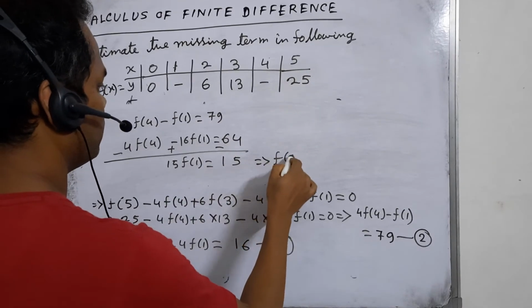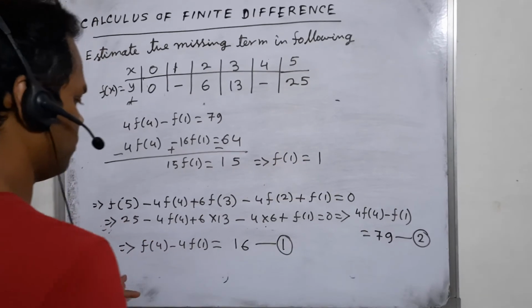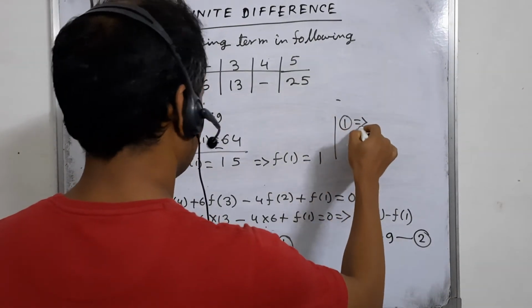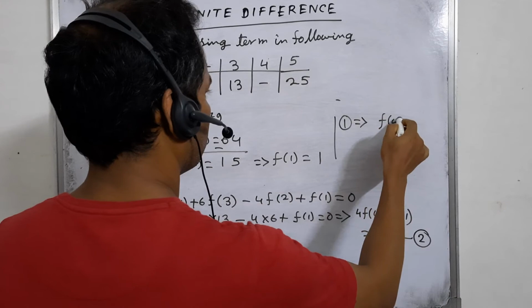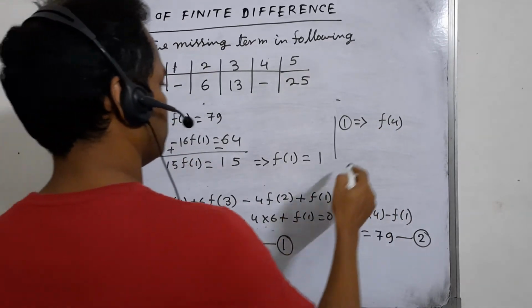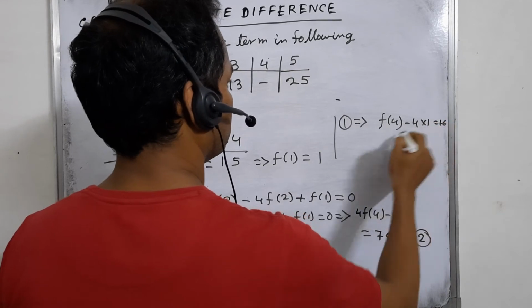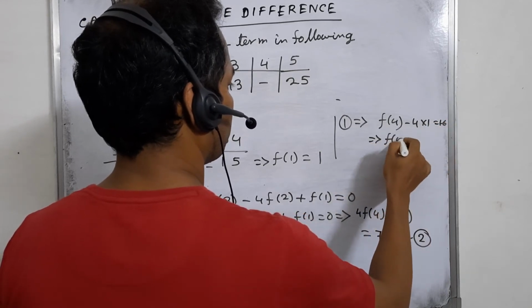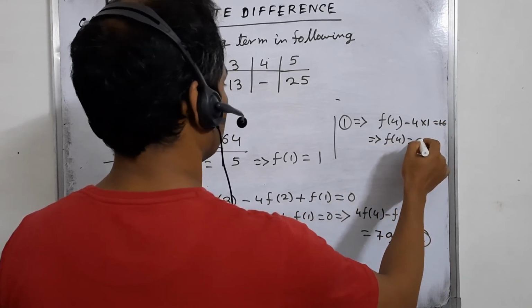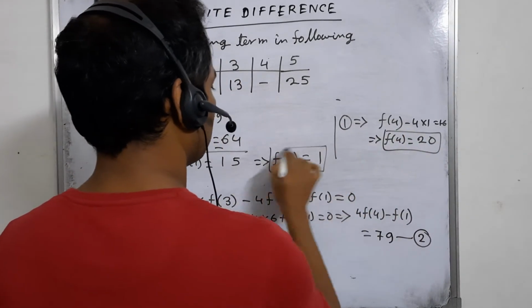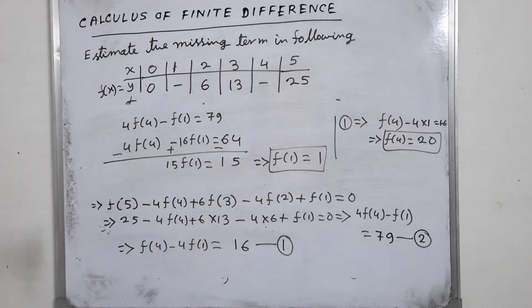So f of 1 is 1. By putting f of 1 in equation 1, we get f of 4 minus 4 into 1 is equal to 16. So f of 4 equals 16 plus 4 equals 20. This one is f4, this one is f1.